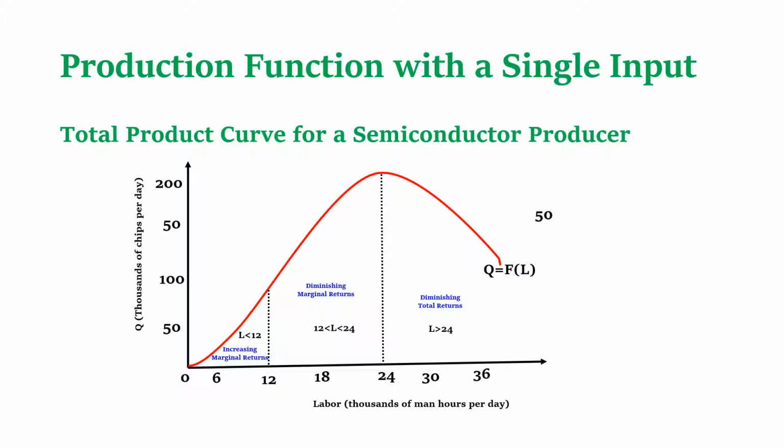And in that case, outputs or total products will be increasing, but at a decreasing rate. So when we say it is increasing at a decreasing rate, it is increasing sluggishly. It is not increasing rapidly.